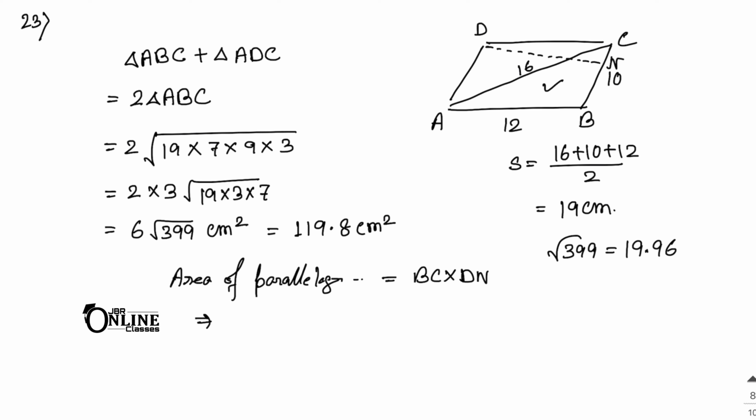As the area of the parallelogram equal to 119.8 and BC equal to 10 into DN, so DN equal to this one by 10. So 11.98 centimeter is your final answer.